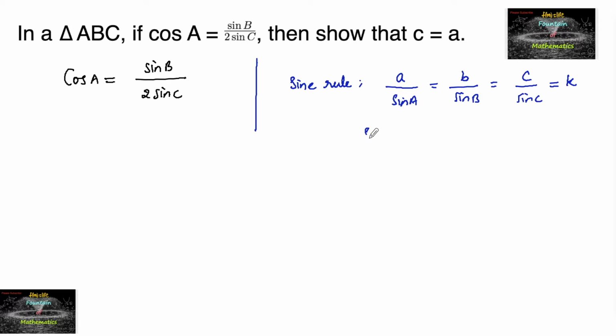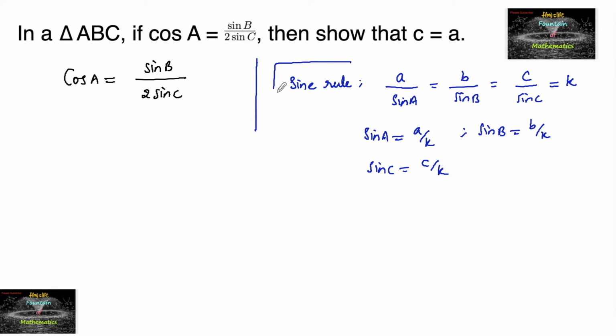So from here we can write sin A is equal to a upon k, sin B is equal to b upon k, and sin C is equal to c upon constant k.